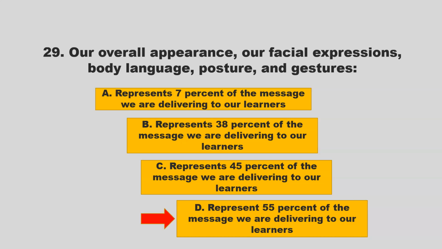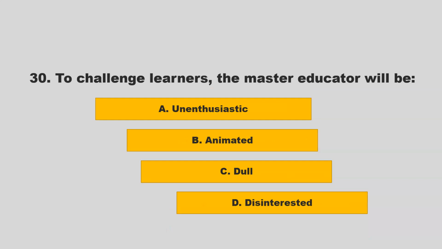If you chose D, represent 55%, you are correct. To challenge learners, the Master Educator will be unenthusiastic, animated, dull, disinterested. If you chose B, animated, you are correct.